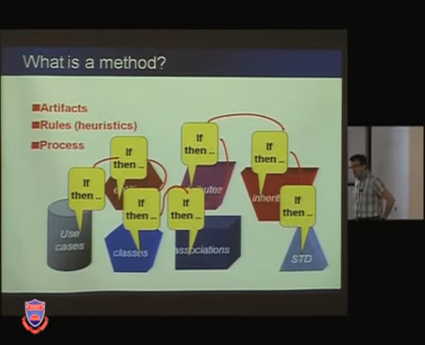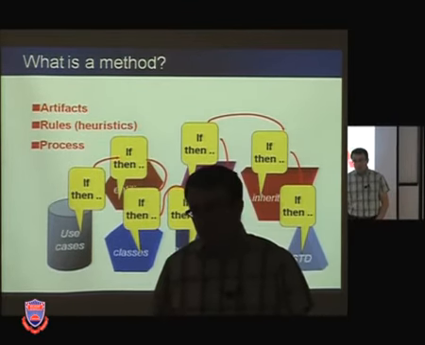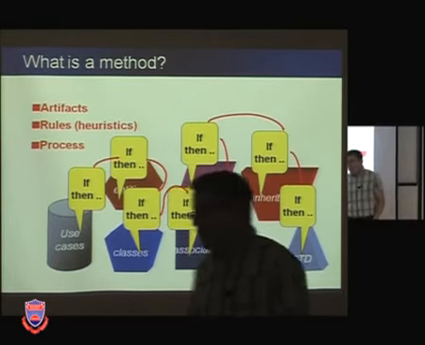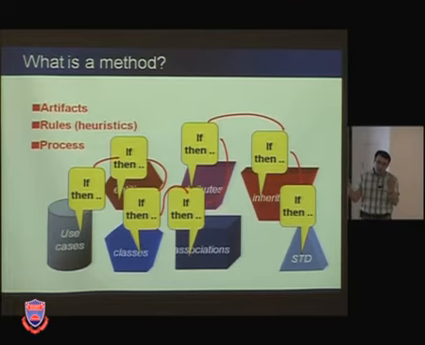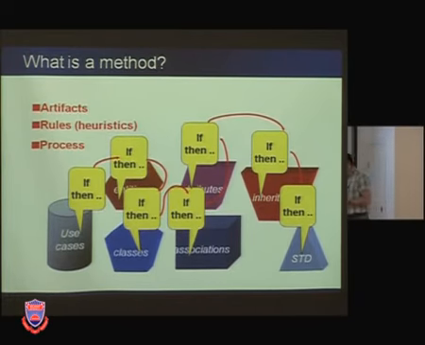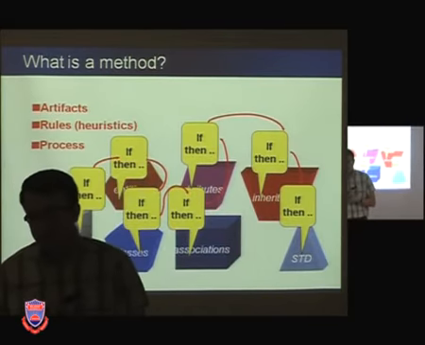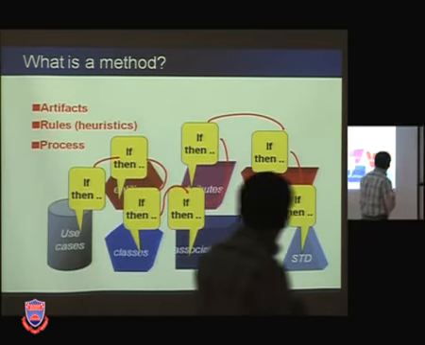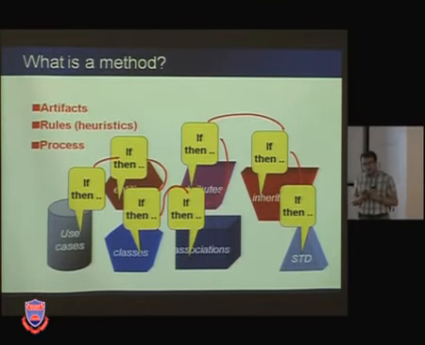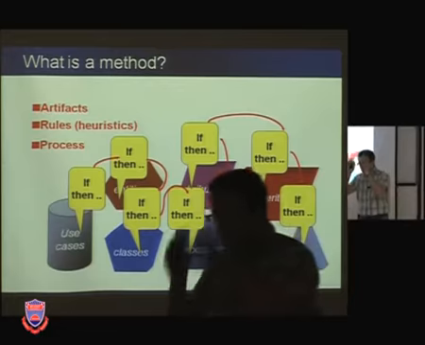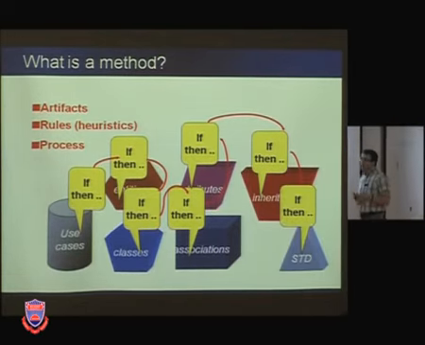In the unified process, for example, we start first with identifying use cases. Based on these use cases, classes are identified. Once we have classes, we can define the inheritance, association, and part-of relationships. Okay? So the third element here is process. It's a very basic view: a method consists of artifacts, rules, and process.